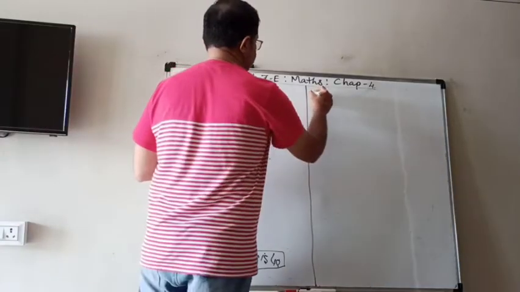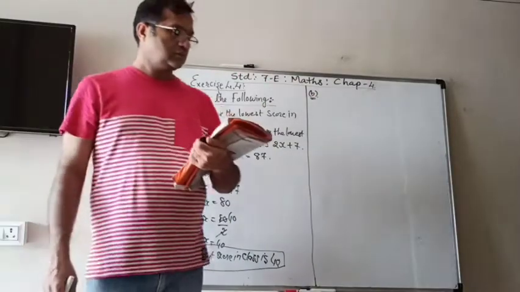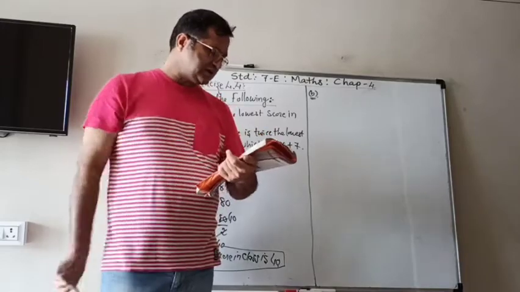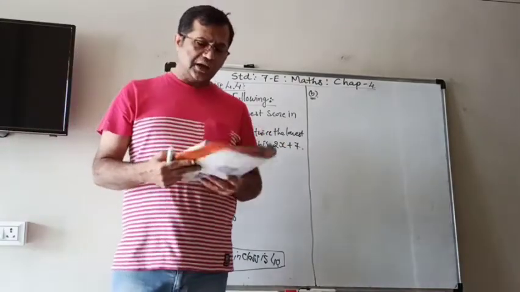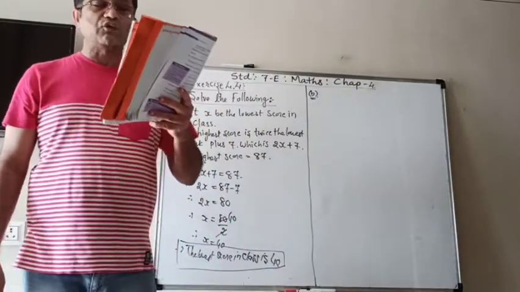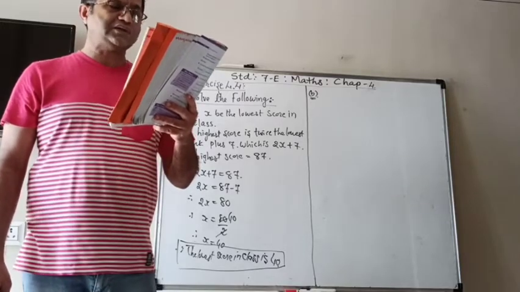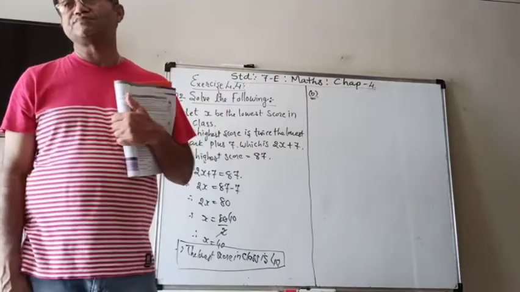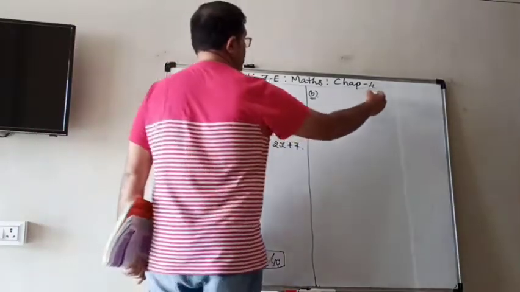I am going to first read the question and then we can do the solution. It says that in an isosceles triangle, the base angles are equal. The vertex angle is 40 degree. What are the base angles of the triangle?